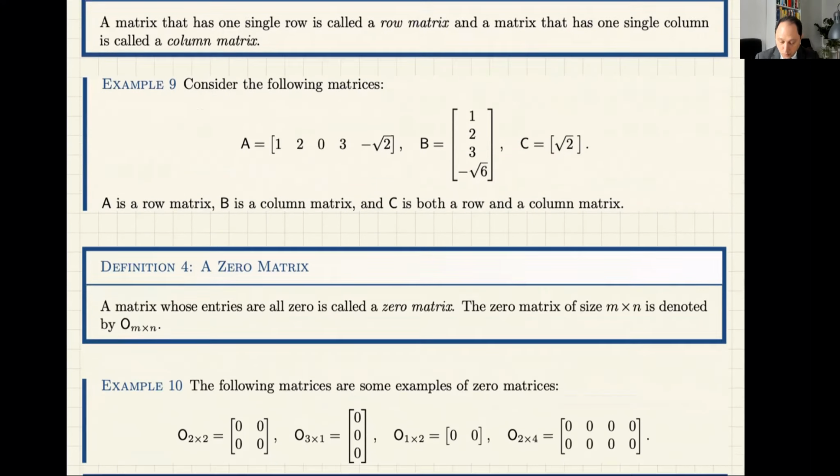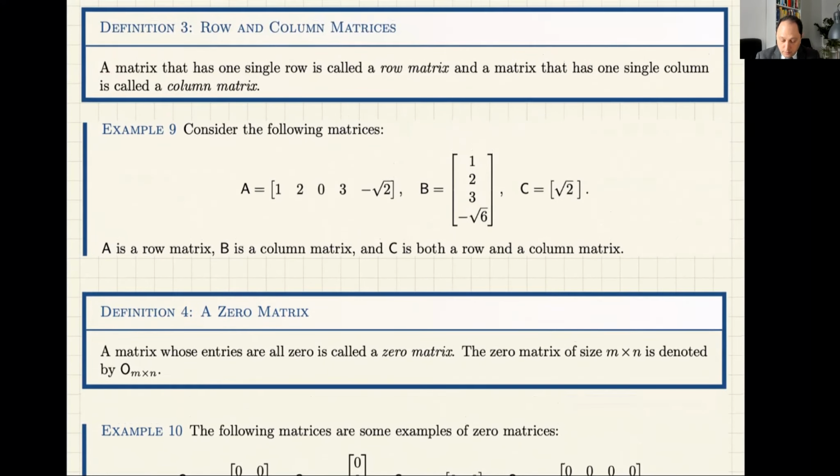Okay. So here I have another definition. It's called a zero matrix. I have emphasized a zero matrix because there is no one single unique zero matrix. Zero matrices can be of different orders. Okay. So a matrix whose entries are all zero is called a zero matrix.